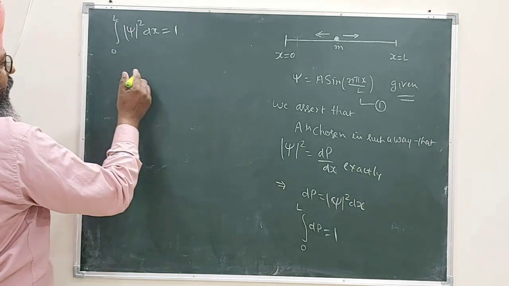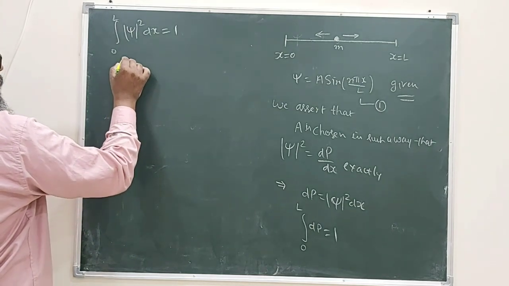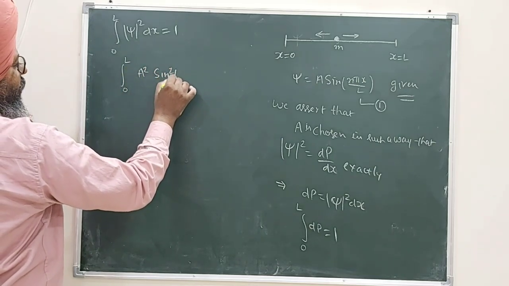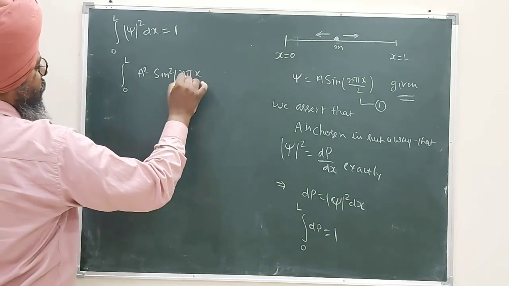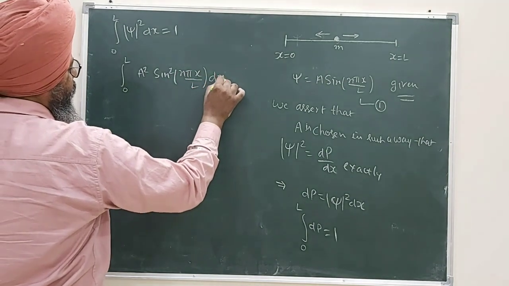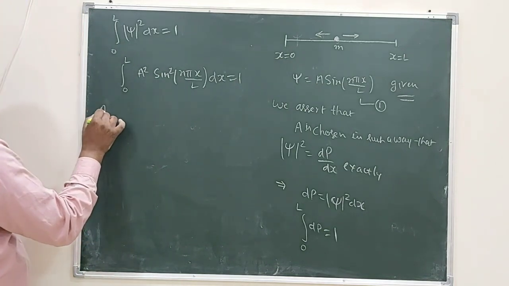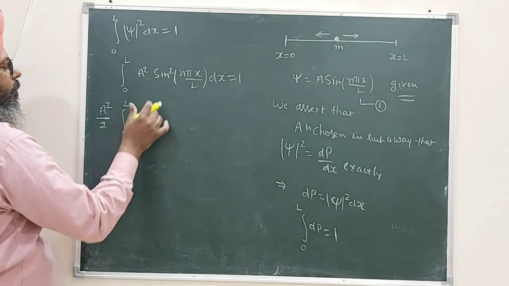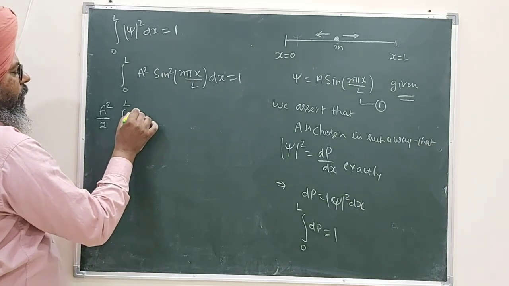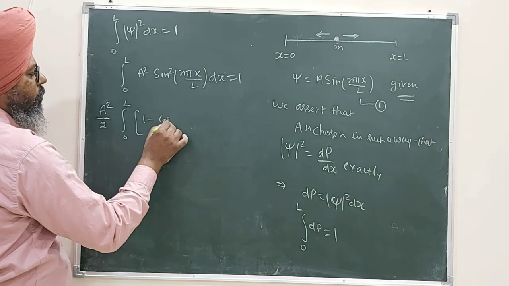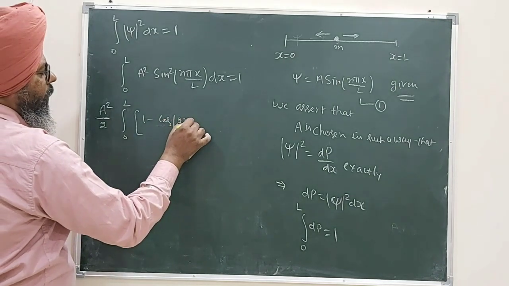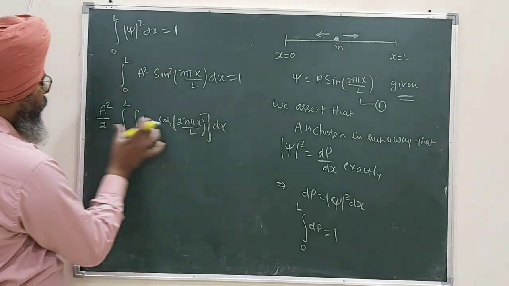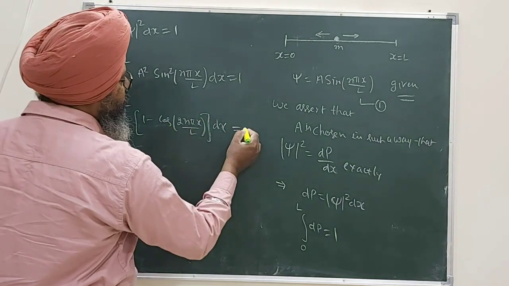Now put the value of psi magnitude square. This will be equal to a square sine square n pi x by L, dx, equal to 1. I can take a square outside, and apply the mathematical formula, so it becomes the integral from 0 to L of 1 minus cos 2 n pi x by L, dx, upon 2, and this is equal to 1.